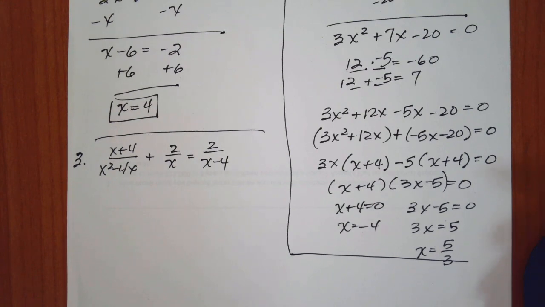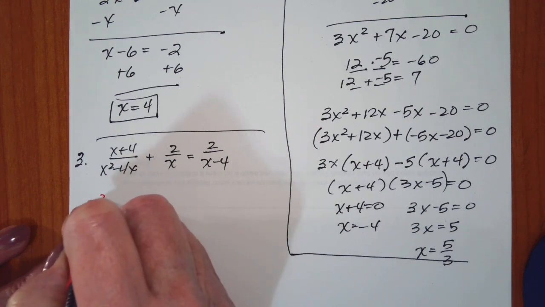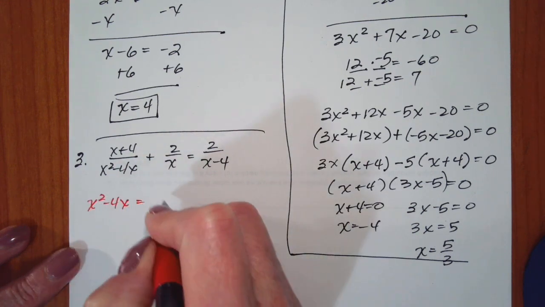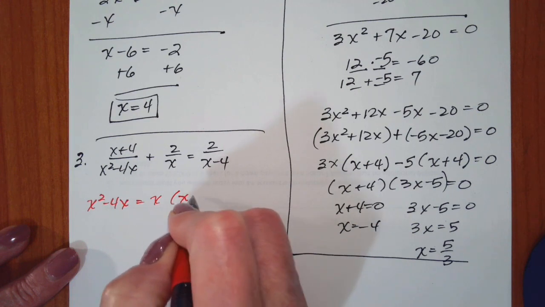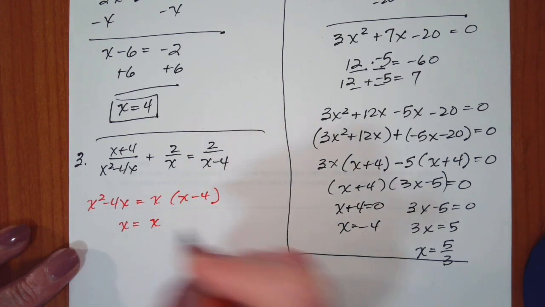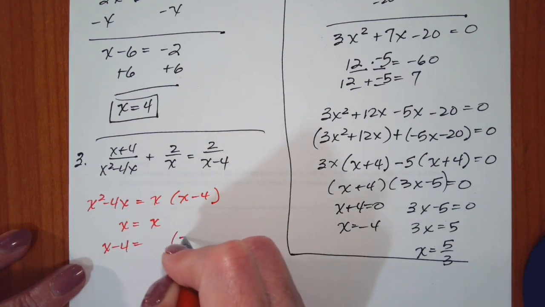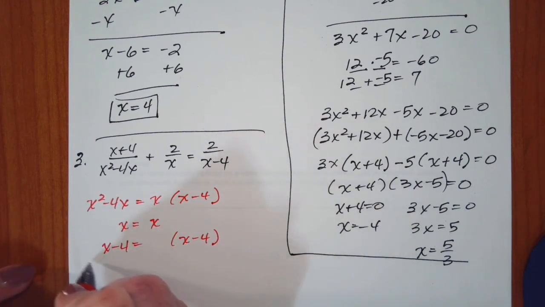So what I have to do here is find the least common multiple of the denominators and multiply through by that. So for the LCM, I have x squared minus 4x, which is equal to x times (x minus 4). This denominator is just x, and this denominator is x minus 4.